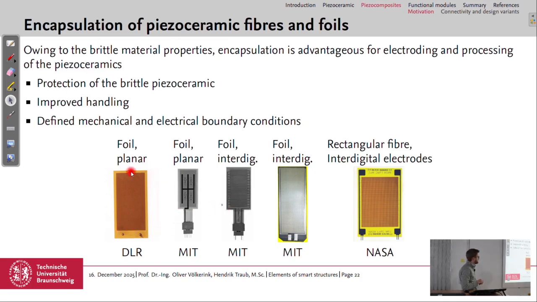Here we have a planar electrode. And we can also have transducers from rectangular fibers with interdigital electrodes. And we will, in the next slides, go through different types of these transducers or functional modules, and also have a look at the different effects we are using, D33 effect and D31 effect.